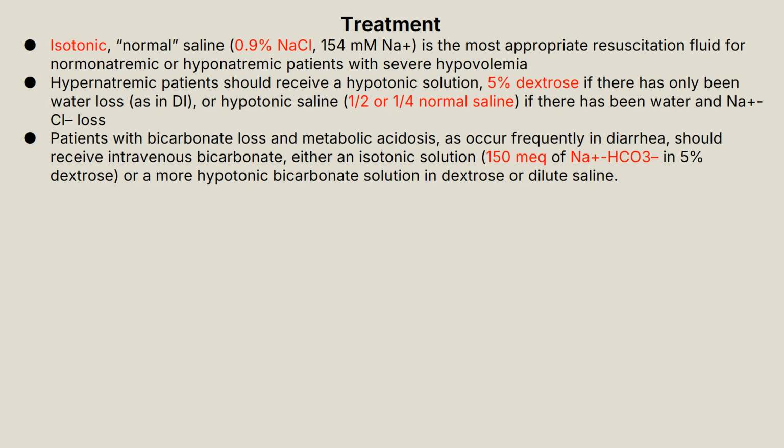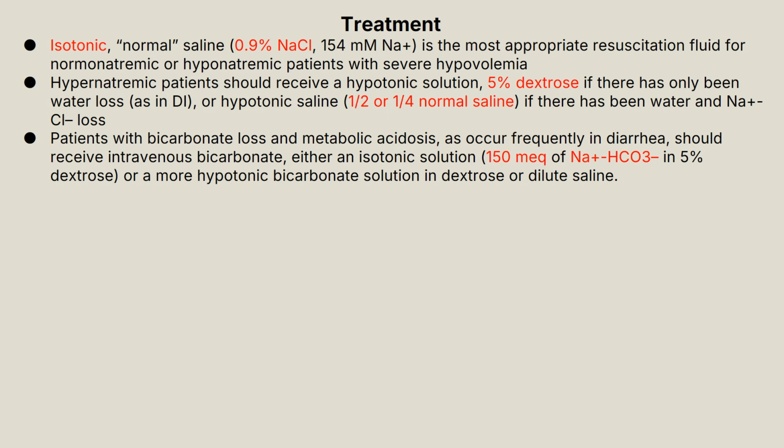Treatment of hypovolemia is usually isotonic normal saline, 0.9% NaCl, which has 154 millimoles of sodium. It is the most appropriate resuscitation fluid for normonatremic or hyponatremic patients with severe hypovolemia. Hypernatremic patients should receive hypotonic solution consisting of 5% dextrose if there has only been a water loss, or a hypotonic saline, half or quarter normal saline, if there has been water and sodium chloride loss.